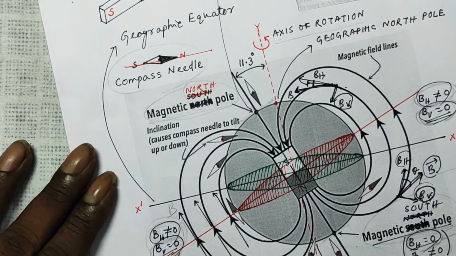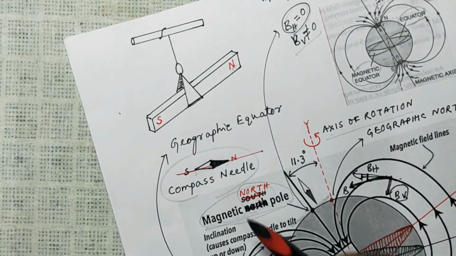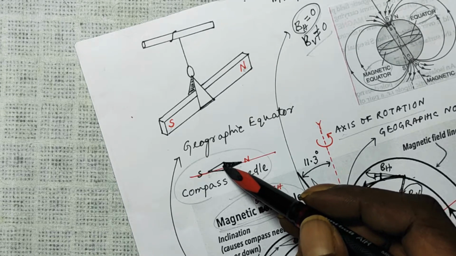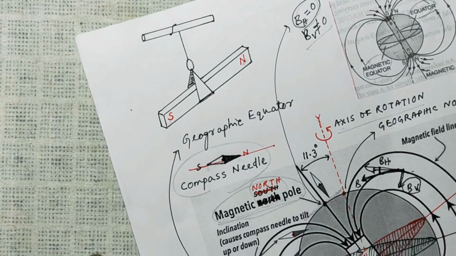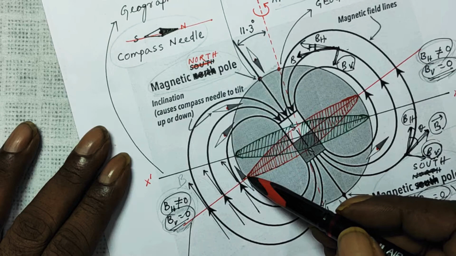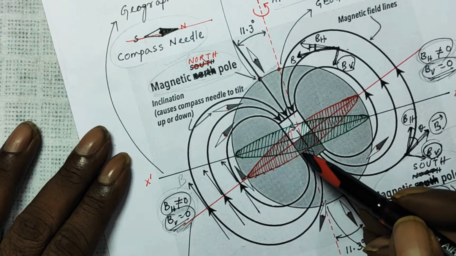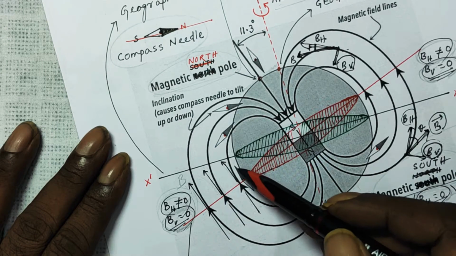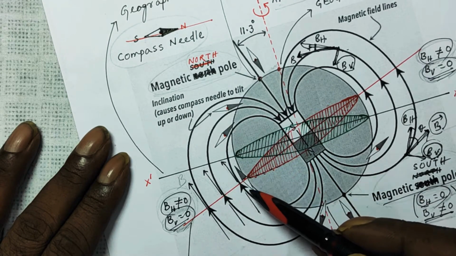If you suspend a magnetic needle from this point vertically down, the needle at all points on the magnetic equator will remain horizontal to the Earth's surface.